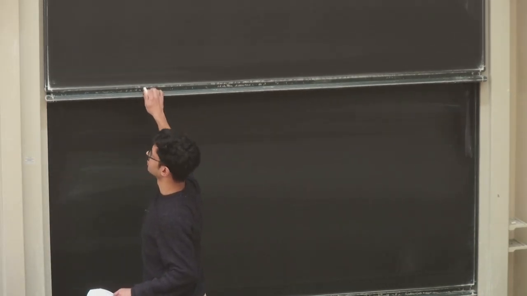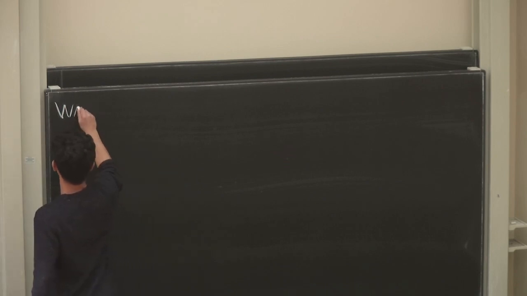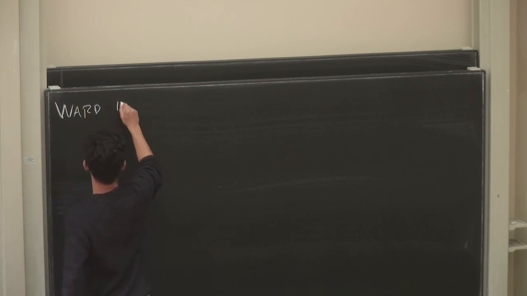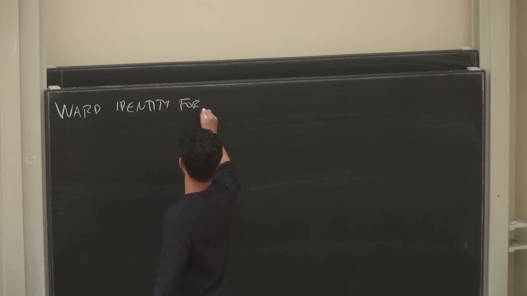Okay, so what is the Ward identity for the one-form symmetry?